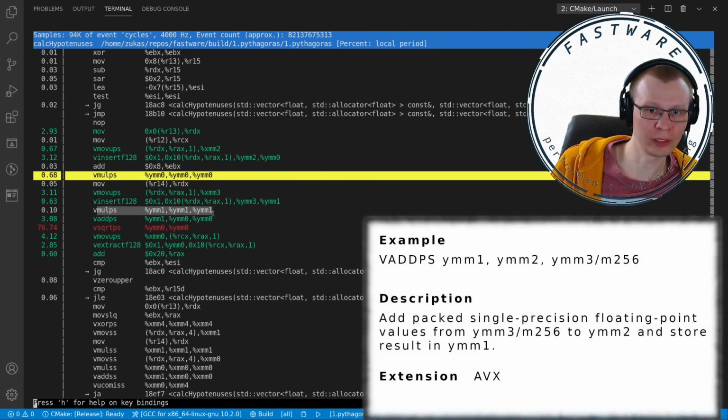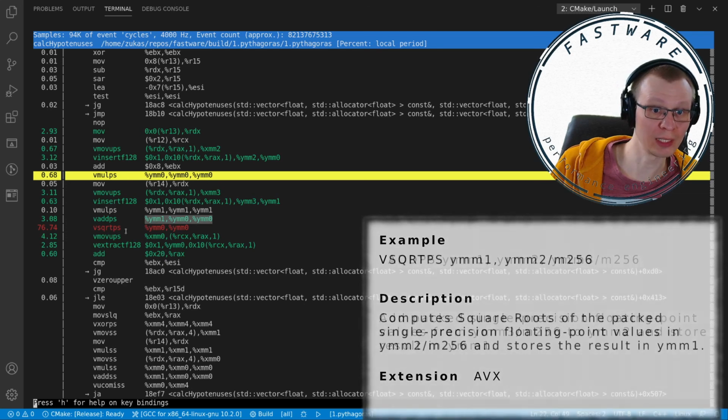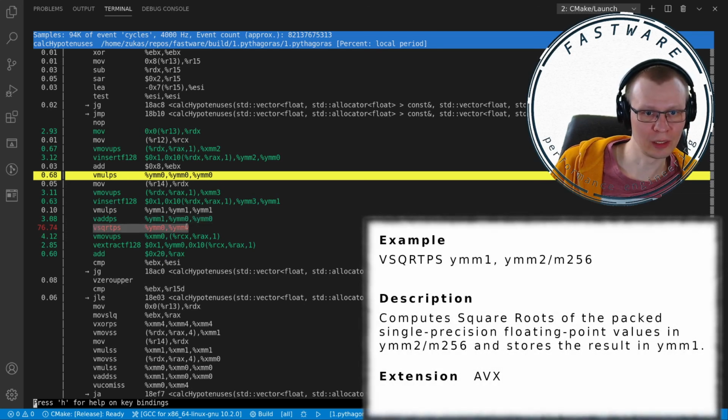Then we take the results of our base and our height and add them together right here. So this is height, base, stored in YMM0. The last step here is a square root, and the result is stored back into the YMM0 register.